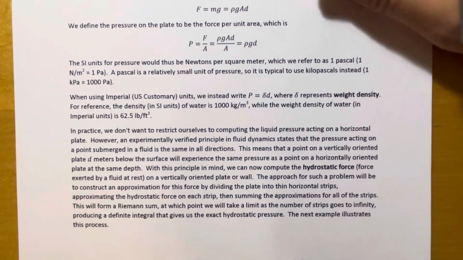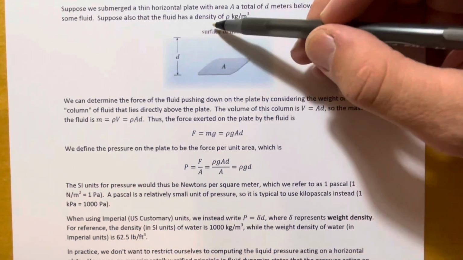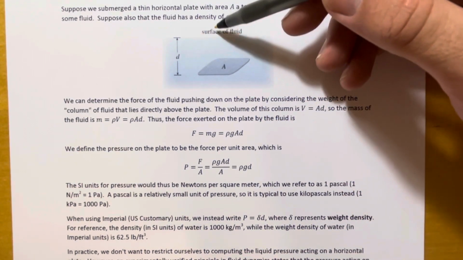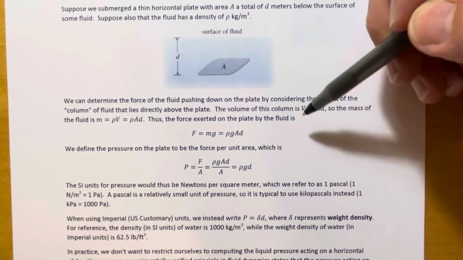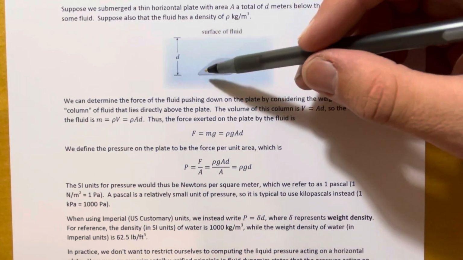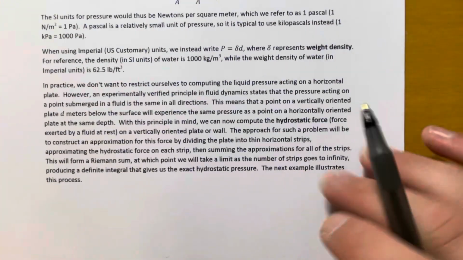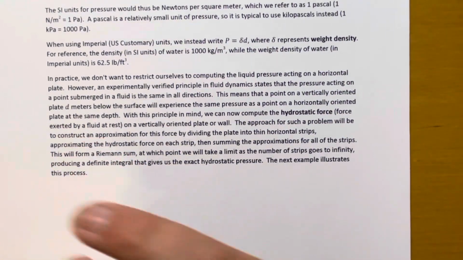Again, we were thinking about pressure as the force due to gravity on a unit of area on this plate, and now we're thinking of that in terms of weight per unit area. It's weight per unit area, and we call that weight density.